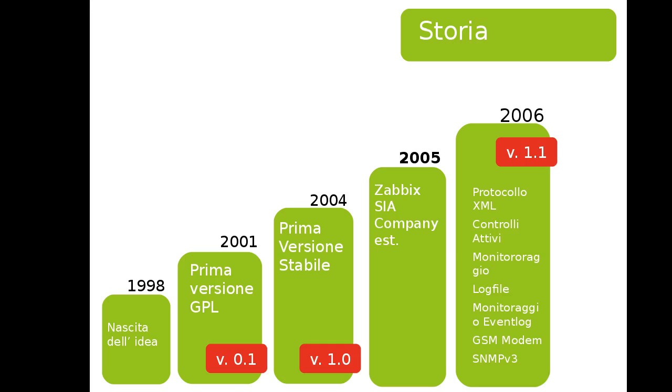Zabbix has a very long story. We started in 1998, so the idea, the concept was born in this date, but the first stable release was near 2004, so near 12 years ago.